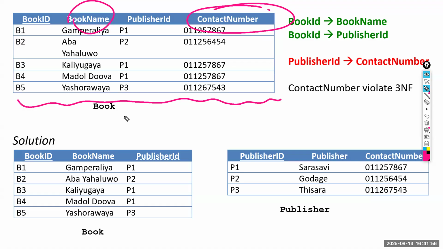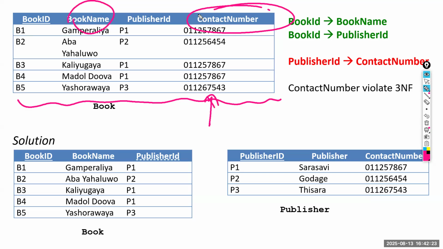We need it. And we need that very frequently. For example, whenever we are interested in book, we are interested in contact number. Let's assume in a bookshop that may be the case. If the book is not there, then we can quickly call that publisher number and check. So if so, maybe we will decide to keep it.